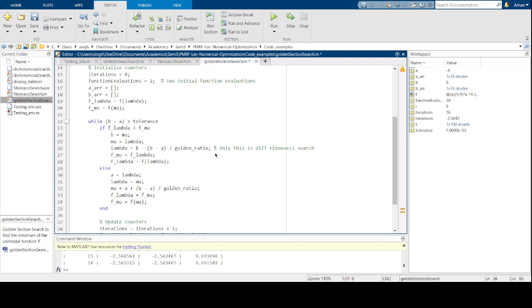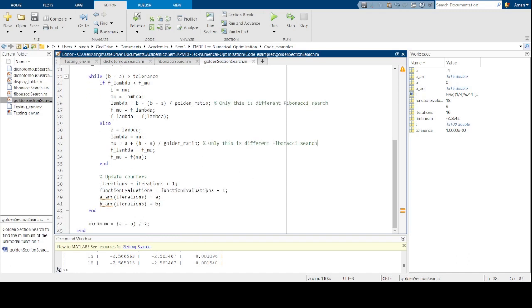Only this is different from Fibonacci search. The rest of the things are same. So let's look at how this performs in the testing environment.